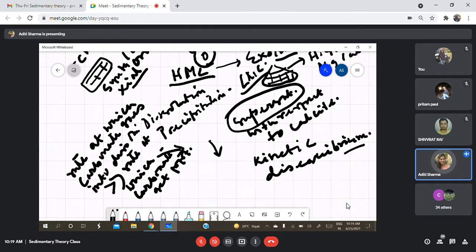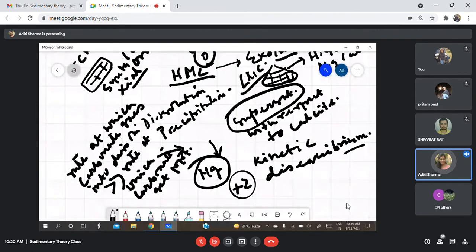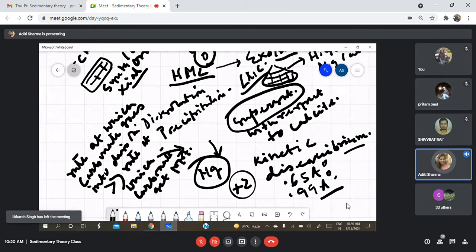Why will calcite precipitation not start immediately? Because of the presence of more Mg. Because Mg and Ca, what is this? Both are +2. But Mg has a lower atomic radius than calcium. Mg is 0.65 angstrom, calcium is 0.99 angstrom. So always Mg will try to enter into the structure, but if it enters, the calcite will not form.